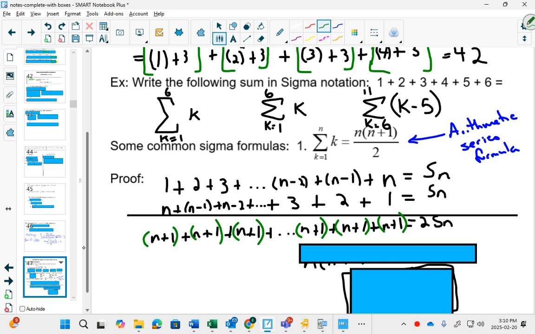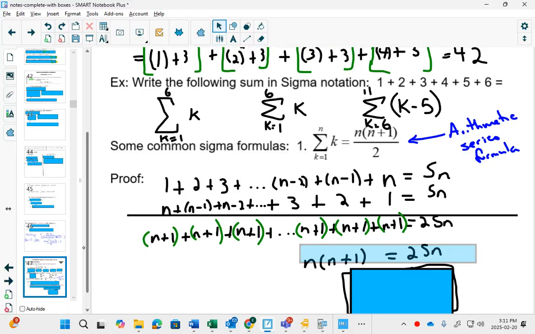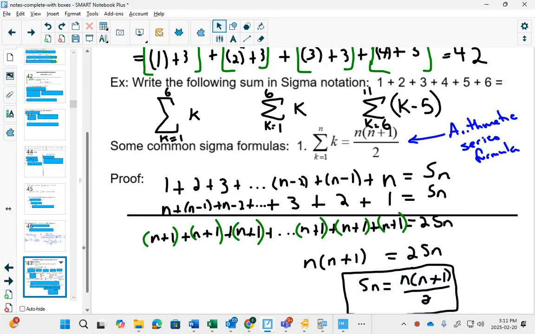And the sum plus the sum will be 2 sums. Does it make sense that all of those n plus 1s, there are n of them? Because you had n terms to begin with, you now have n plus 1s. And then to get the sum, that would be 2 sums. You divide it by 2, and you would get just 1 sum.